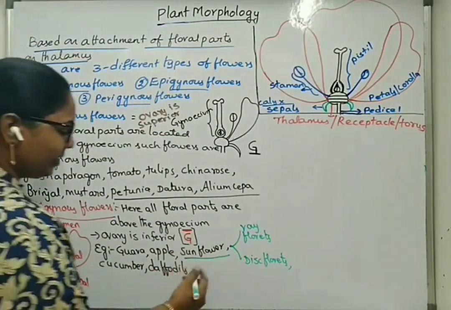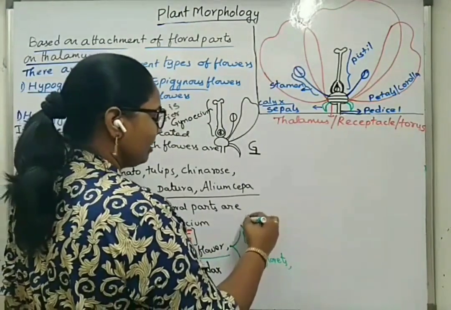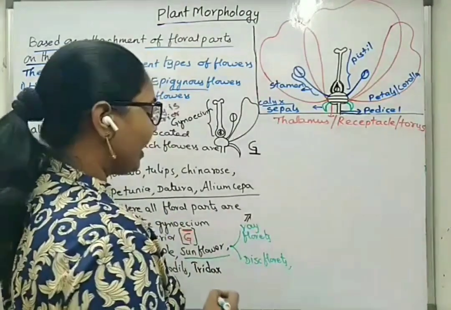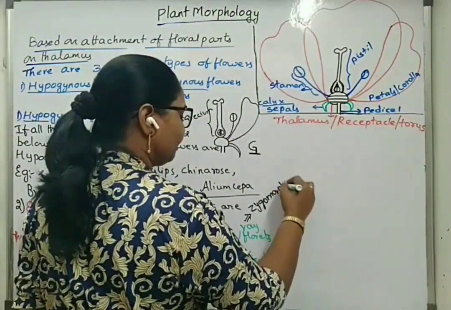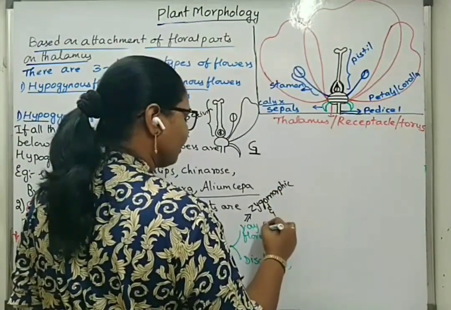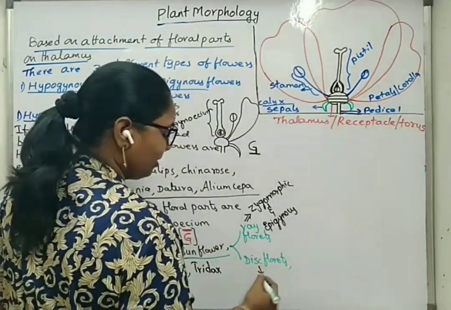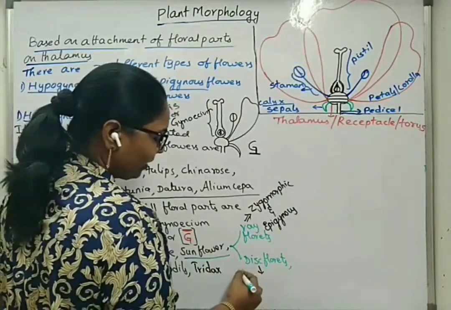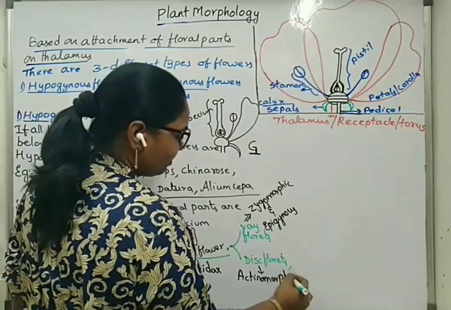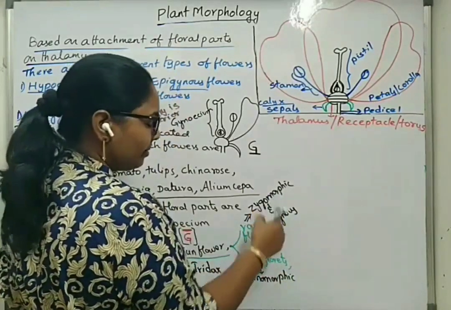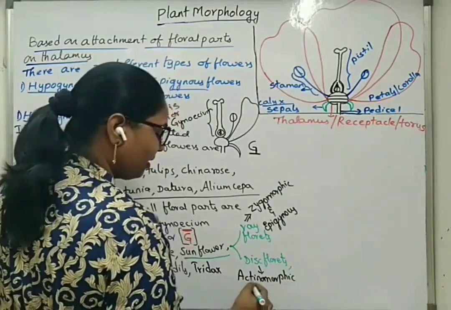Here we also can write tridax. In case of ray florets, condition is zygomorphic and epigynous. These are MCQs, very important to learn. Disc florets are actinomorphic, and epigynous. Zygomorphic equal to bilateral symmetry, actinomorphic equal to radial symmetry type of flowers.